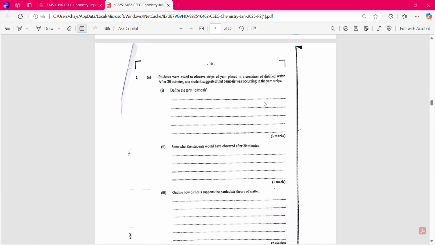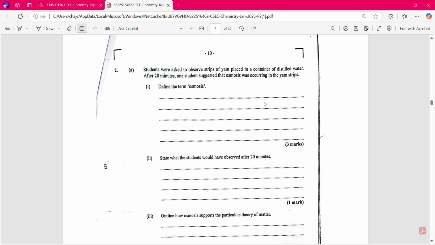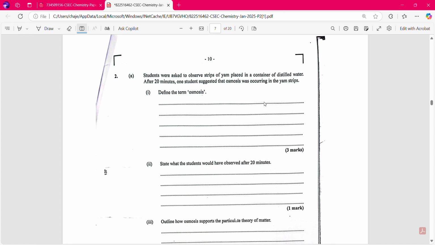Students were asked to observe strips of yam placed in a container of distilled water. After 20 minutes, one student suggested that osmosis was occurring in the yam strips. Define the term osmosis. What is osmosis?